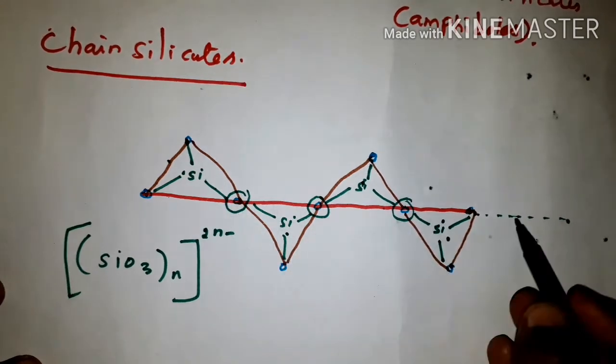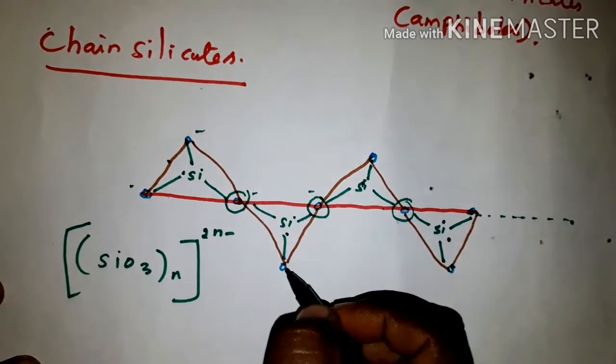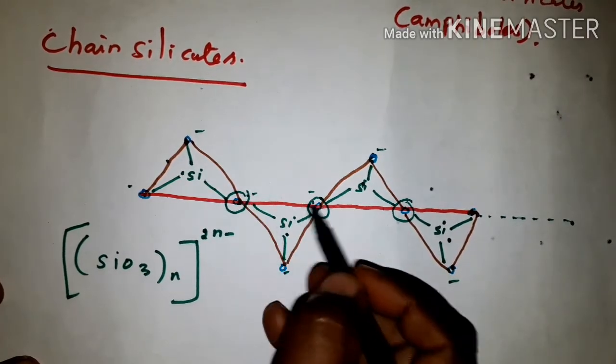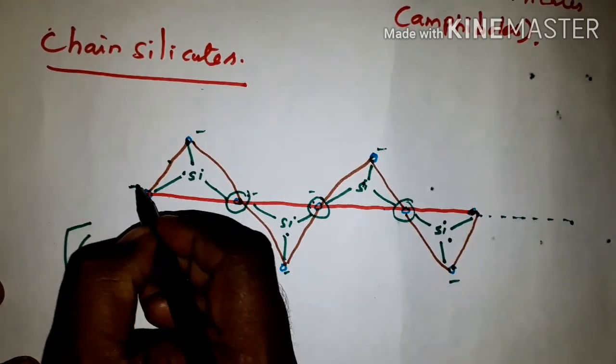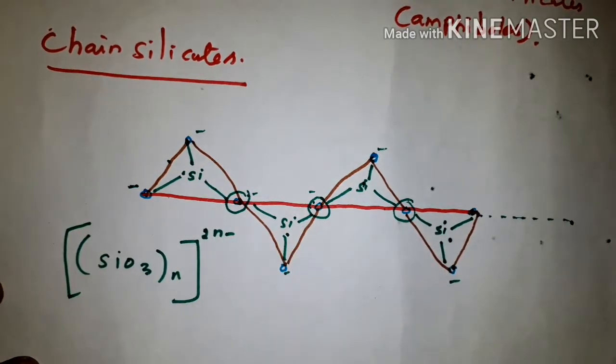So it forms a linear structure. Actually these 2 oxygen atoms don't have charges. So this is the common structure of chain silicates.